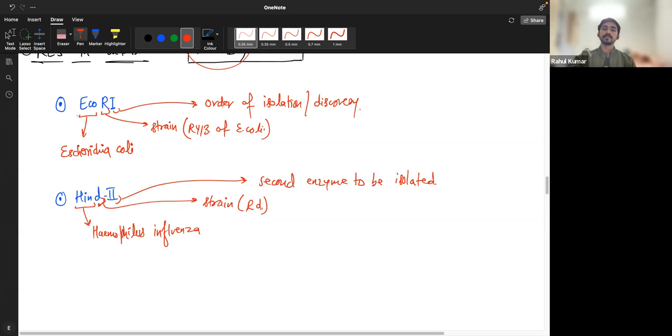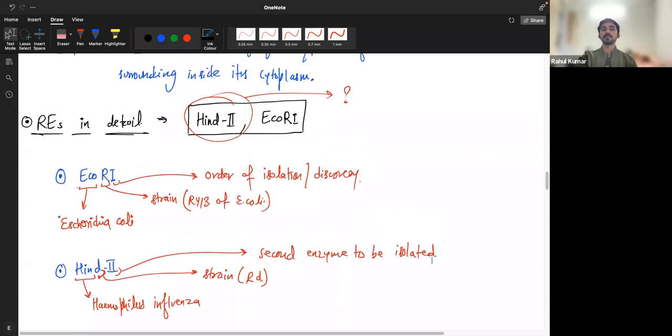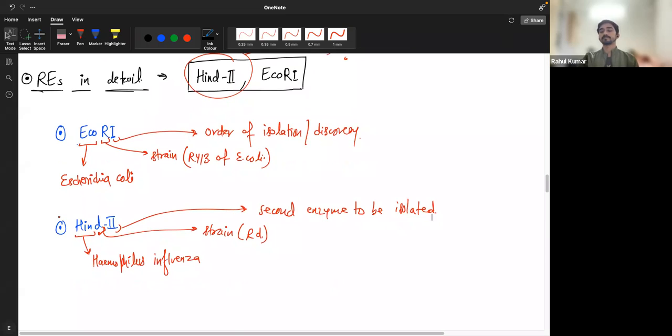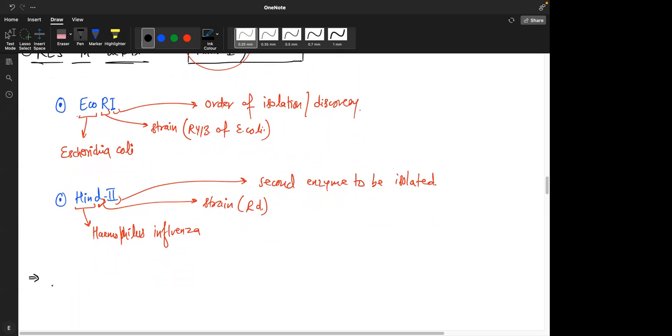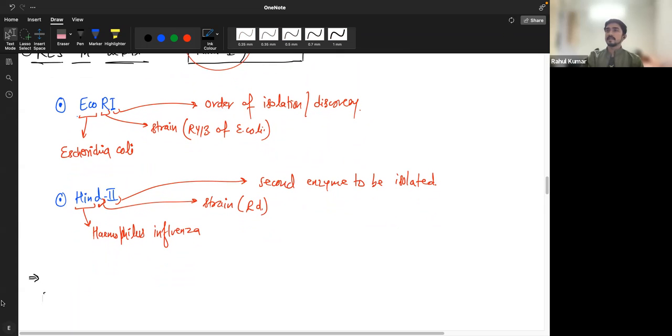Everyone is clear with these namings of restriction endonucleases? Yes, sir. Now, just to tell you, scientists till now have figured out somewhere close to 1,000 restriction enzymes, and I'm not updated, I think we know even more than that.